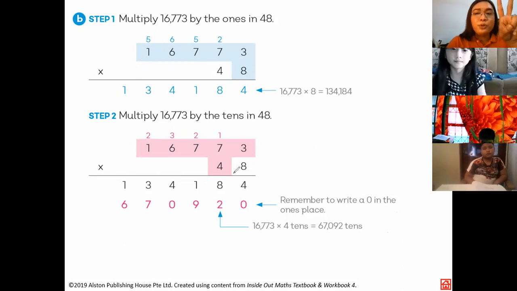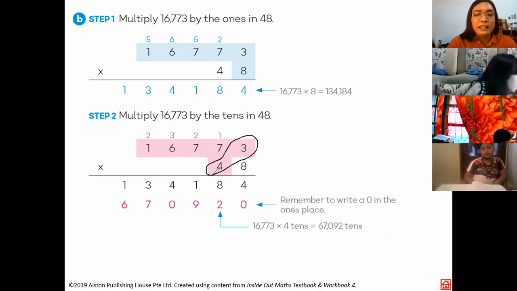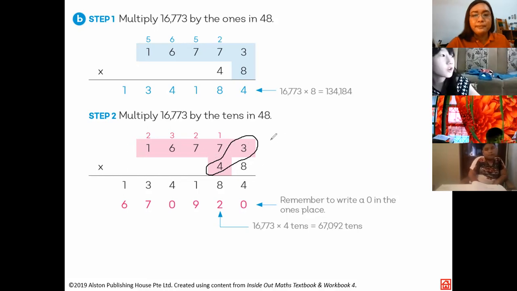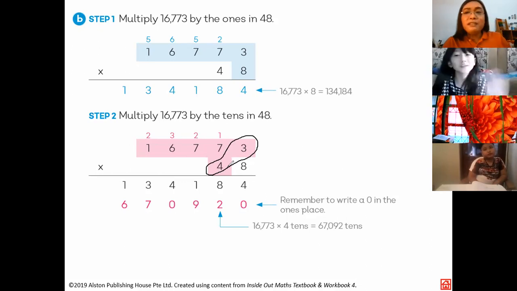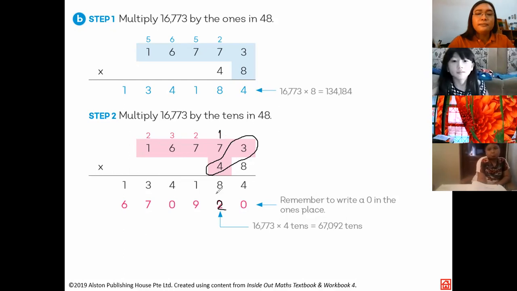Now, step number 2, we will multiply this number by the tens in 48, which is 4. So first is 4 times 3. 12. Okay, so we write the 2 over here and then carry 1. All right.